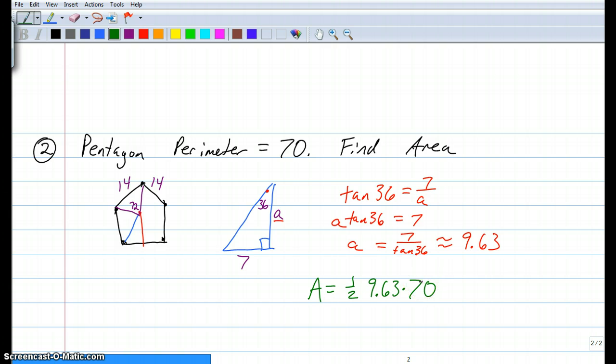So 1/2 times 9.63 times 70 is approximately 337.21, and again, arbitrary units squared. 337.21.